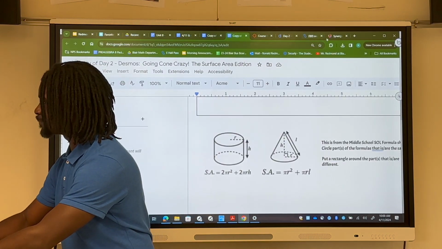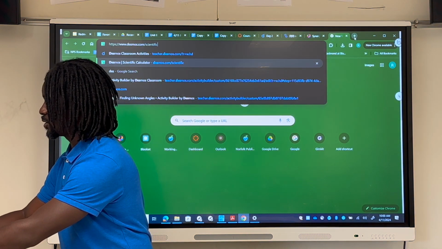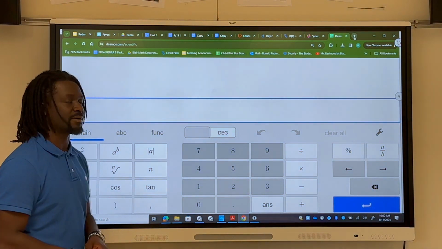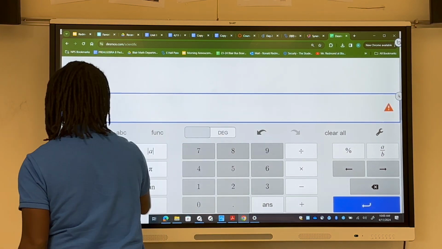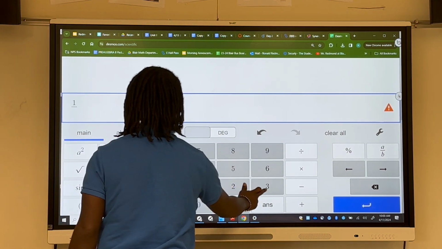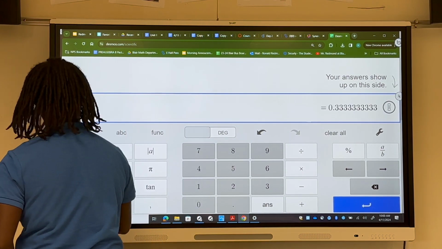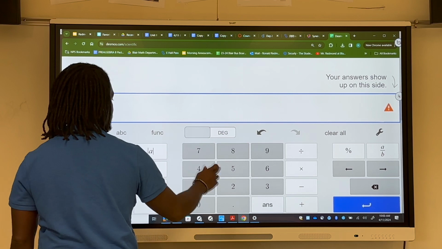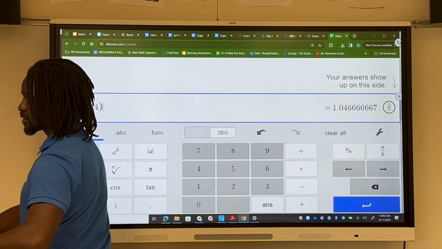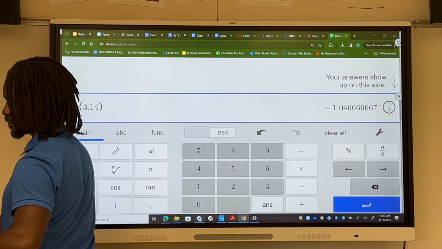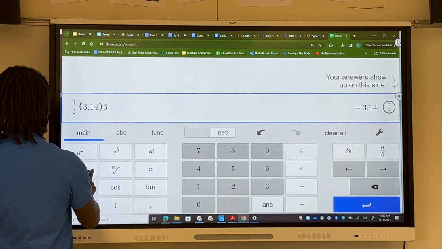And so let me pull up Desmos so you can just see this demonstrated, okay? So again, we got 1/3, and we're going to go parenthesis, times 3.14 times our radius. Sorry, I forgot what the radius was. The radius was 3, right? So 3 squared.